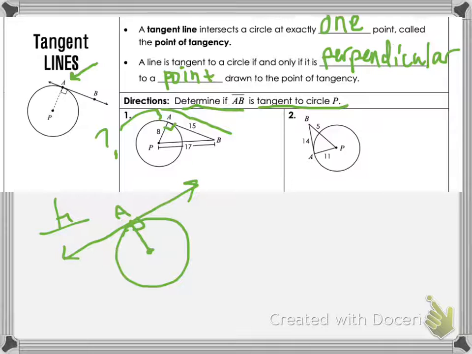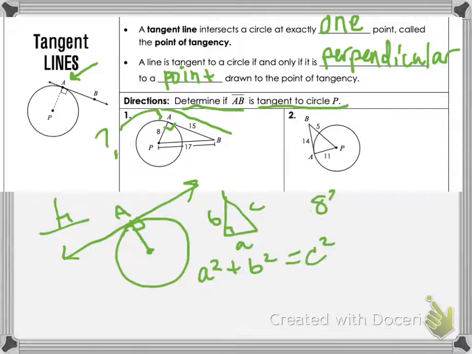We can test that if the Pythagorean theorem works out with it. Remember, the Pythagorean theorem is leg squared plus leg squared is hypotenuse squared. So when we test that out on that triangle, that would be 8 squared plus 15 squared equals 17 squared. If this is true, then that line is tangent because that's a right triangle.